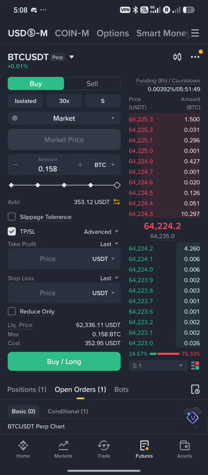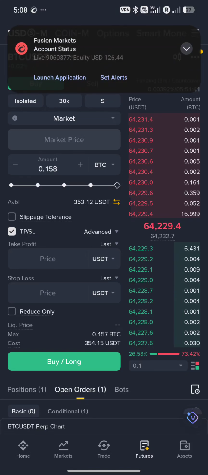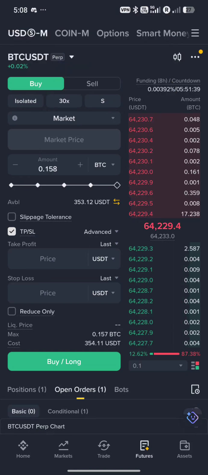Let's assume what you can afford to lose, that is not going to attach emotion, is $20. Whatever take profit or stop loss you are setting, make sure that it does not pass that $20 loss.